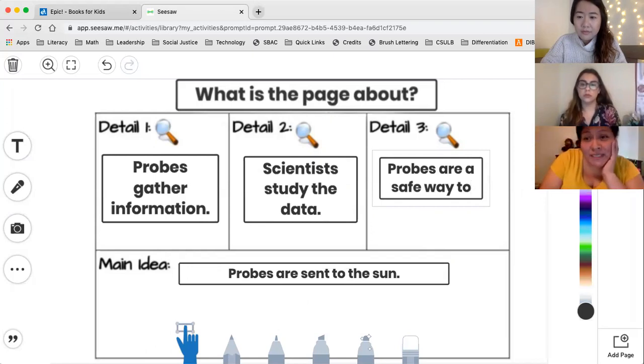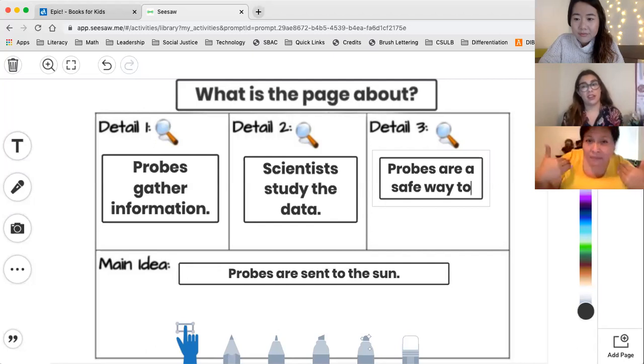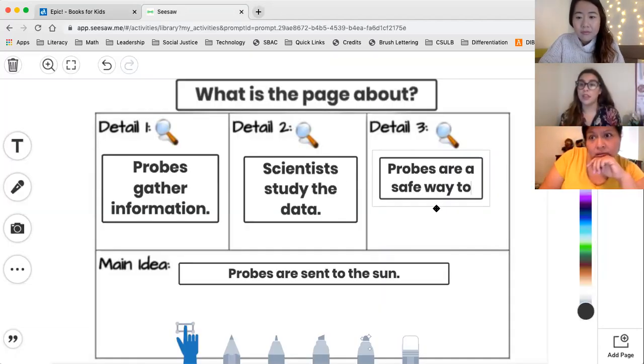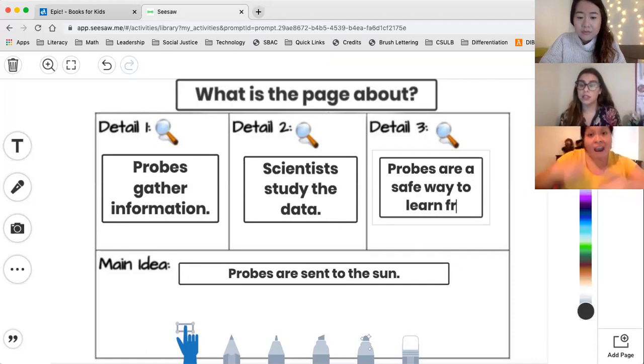I need some help, Ms. Akimowicz. Our safe way to maybe bring back or gather, I was going to say to gather information, but how about to learn from the sun? Probes are a, ooh, safe way to learn about the sun.